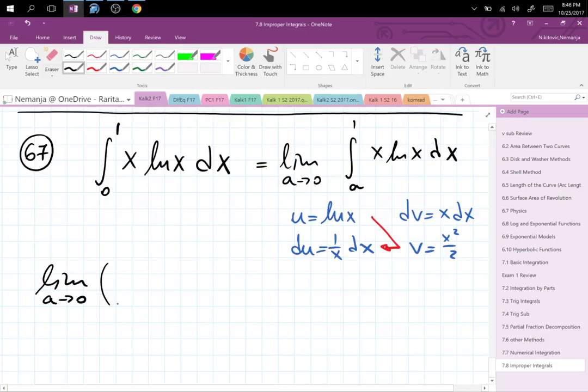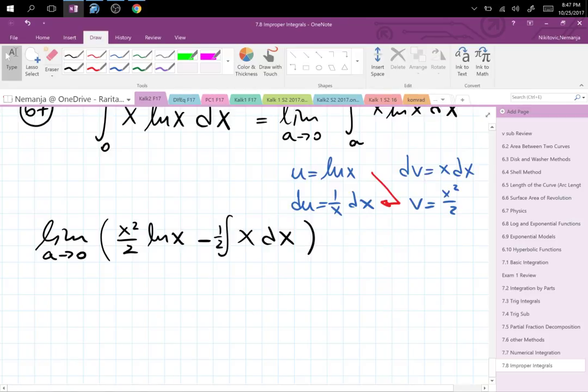And now what do we have? We have x squared over 2 ln x minus the integral, and this becomes 1/2 in front, x dx, right? Are we good on this? From a to 1. So limit a goes to 0.